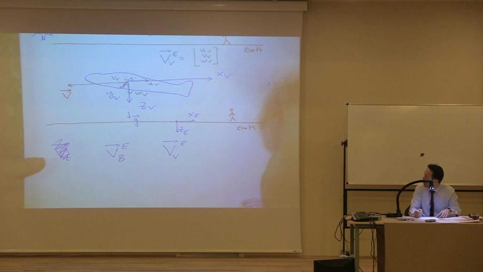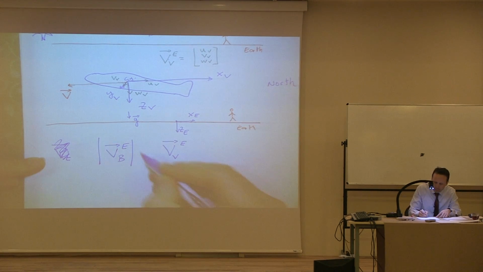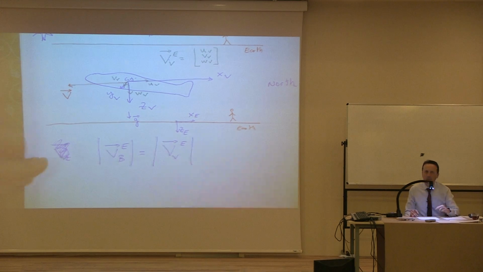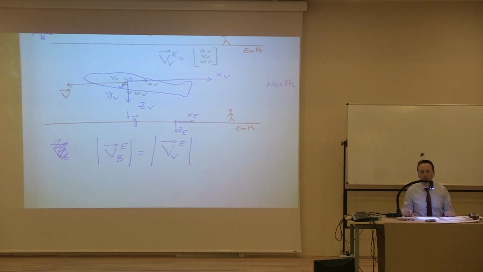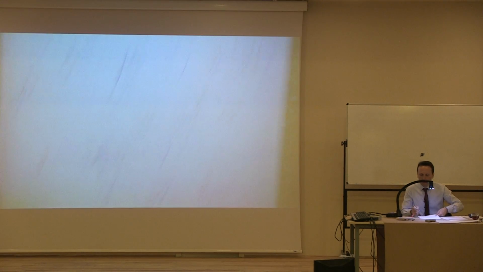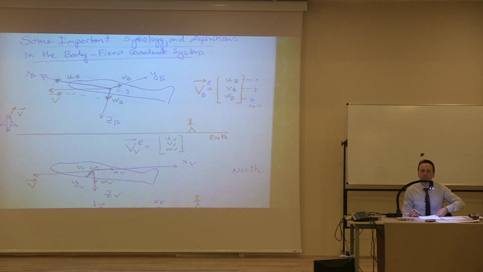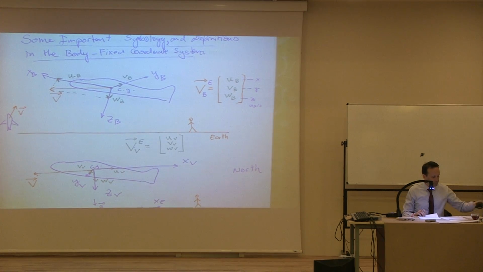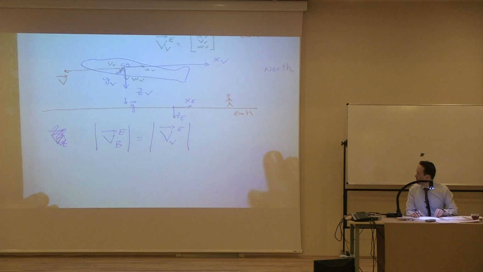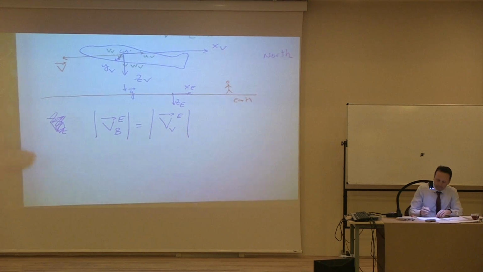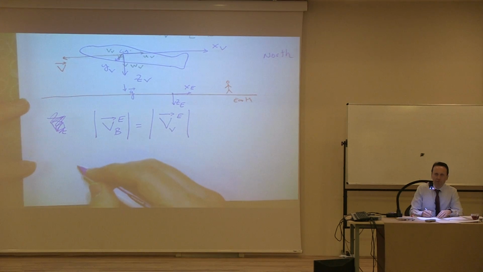The numbers, the components, will not be the same. But if you would take the magnitude, it would be the same vector. In fact, if you add them, the direction will also be the same. But each of these numbers will be different, but it is the same vector. Okay? Good. Now, let's agree on something.